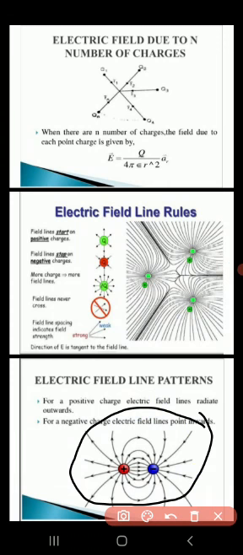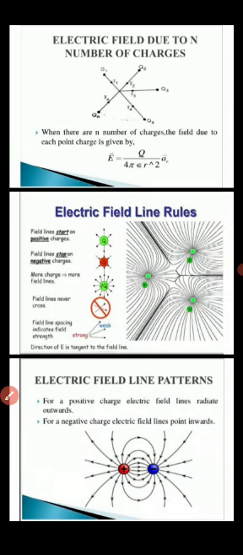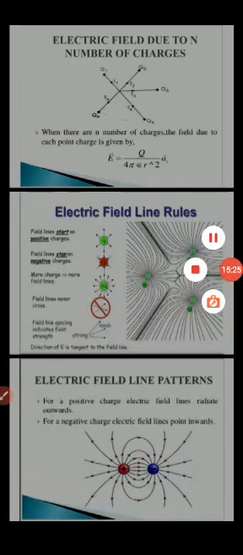For the positive charge, electric field lines go outwards, and for the negative charge, electric field lines go inwards, and we get an electric field pattern which will be like this. So, this is all about the electric field, its expression, and electric field lines and their properties. Today is this much. In the next class, we will deal with the next topic. Till then, thank you.